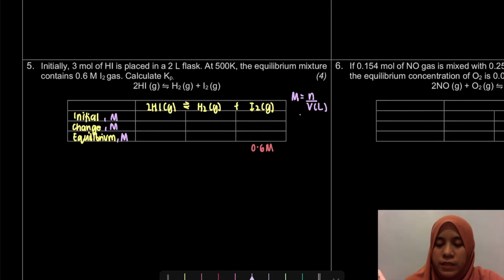So in this case, our molarity is 3 divided by 2, which is equal to 1.5 molar. So we cannot use this 3 mole. We want concentration, so put 1.5 here, 1.5. But in the case of our product, it will be 0.